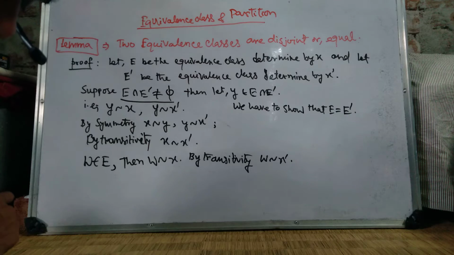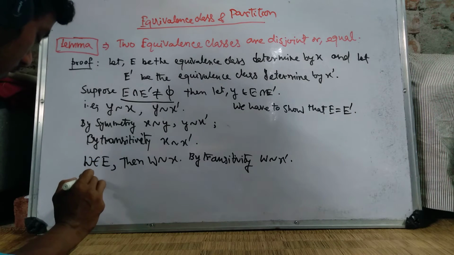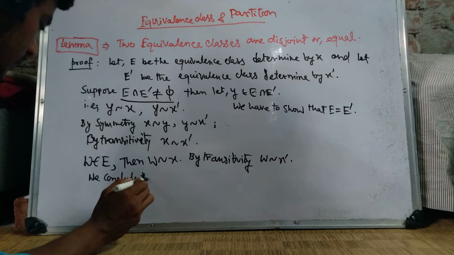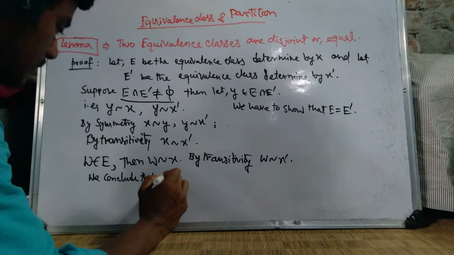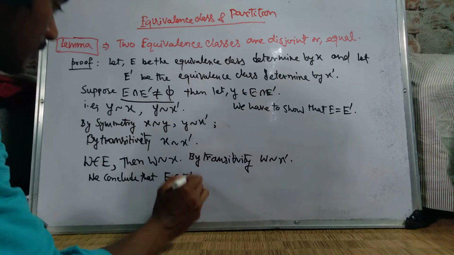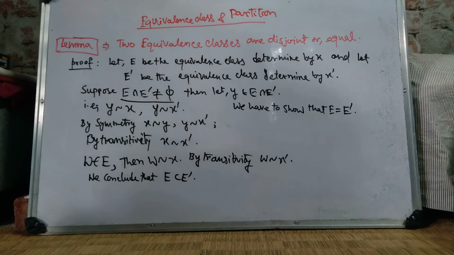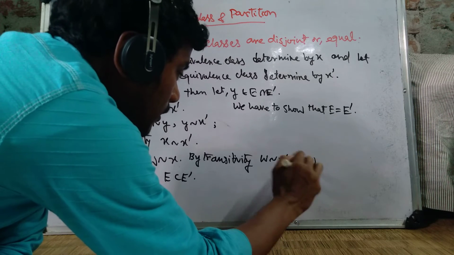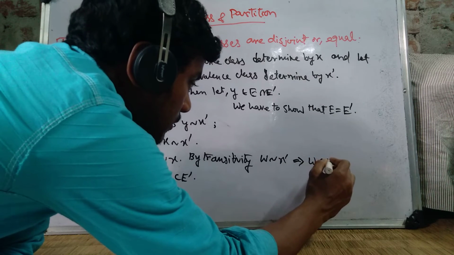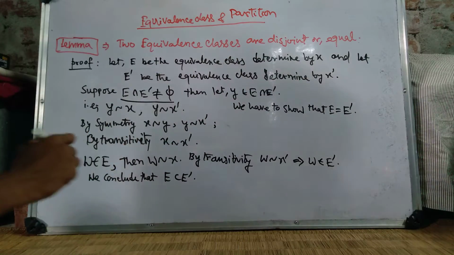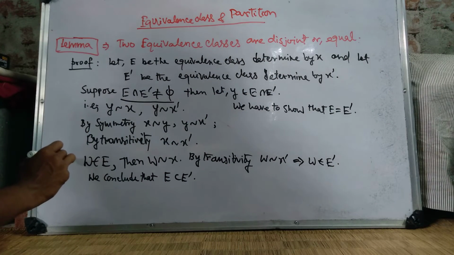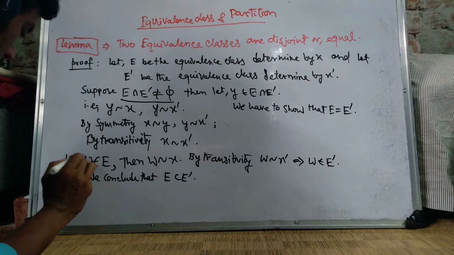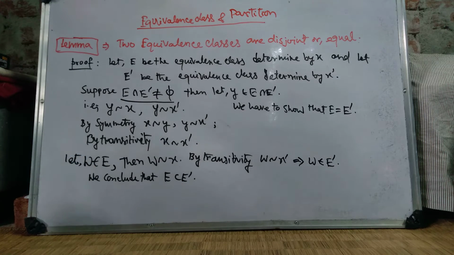Then we conclude that E is a subset of E dash, because W belongs to E implies that W belongs to E dash.